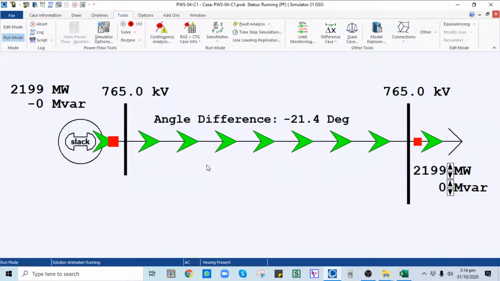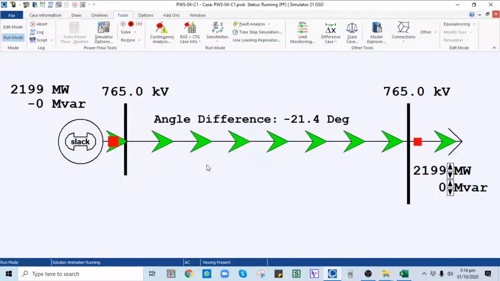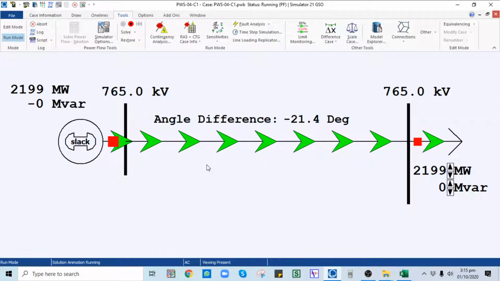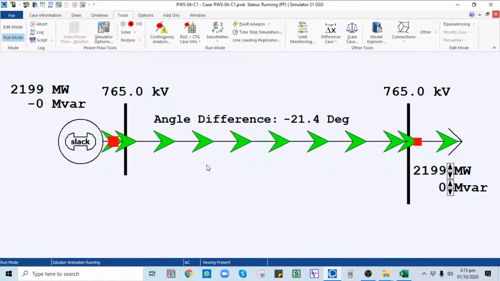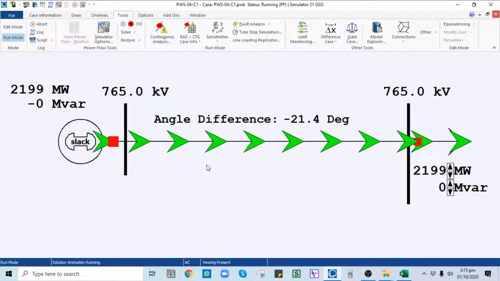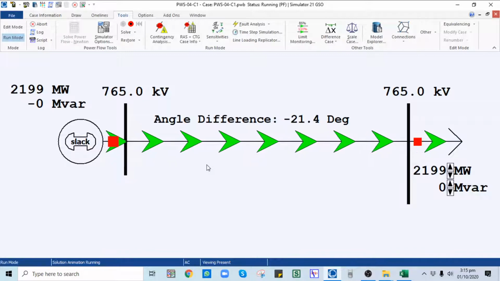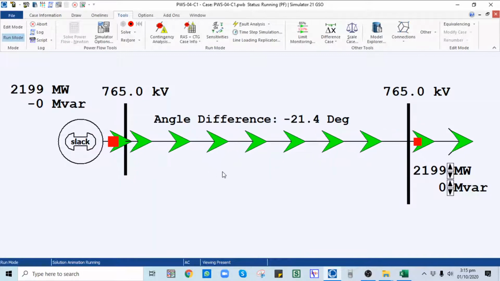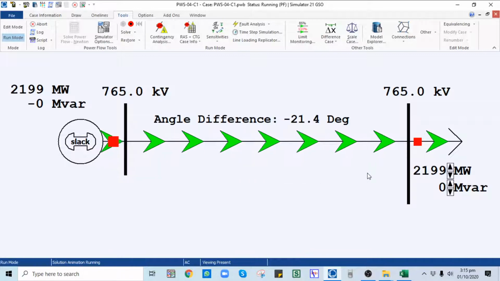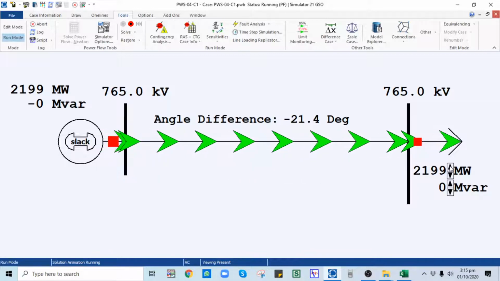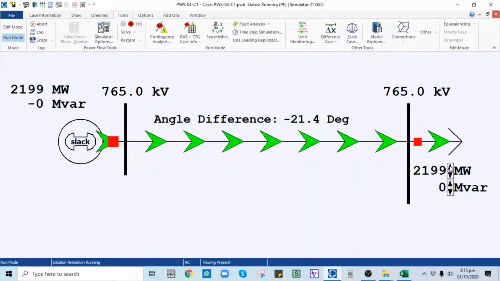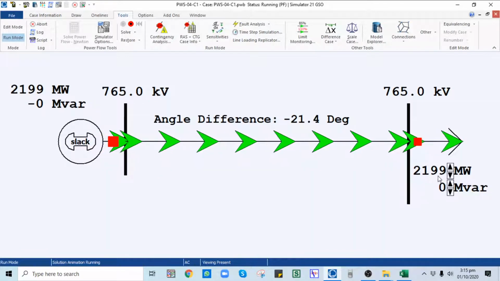So for load above the SIL, the line consumes reactive power and the load voltage magnitude is below the sending end value. And conversely, for load below the SIL, the line generates reactive power and the load voltage magnitude is above the sending end value. So check this statement, the load above the SIL. The SIL value is 2199 megawatt.